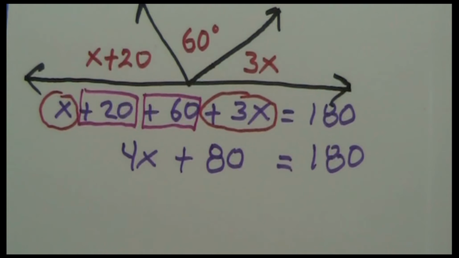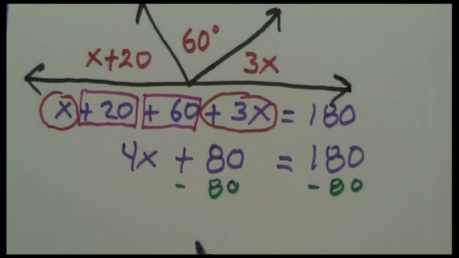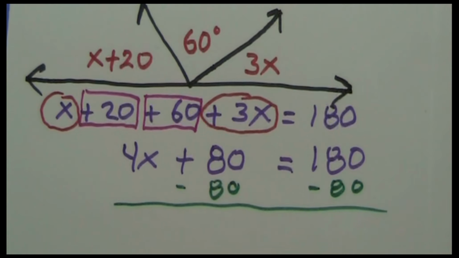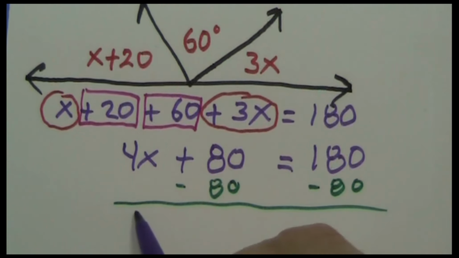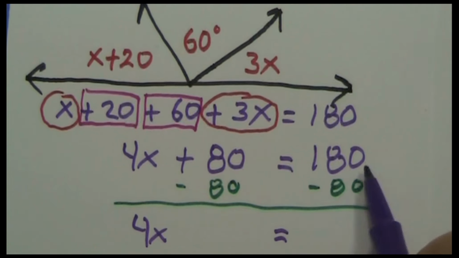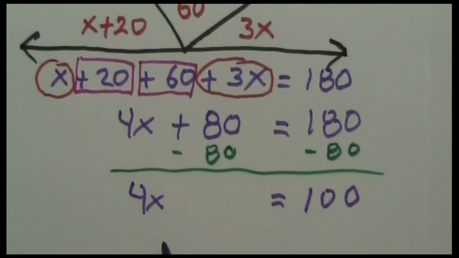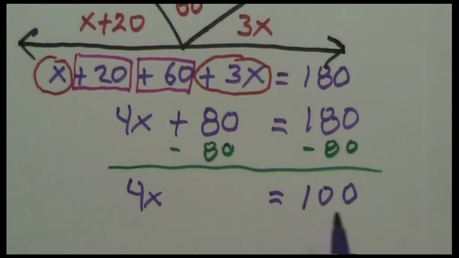So let's see, I want to go ahead and subtract 80. That's going to give me 4x equals 100. Now you should be able to do this mentally at this point. 4 times something is 100.